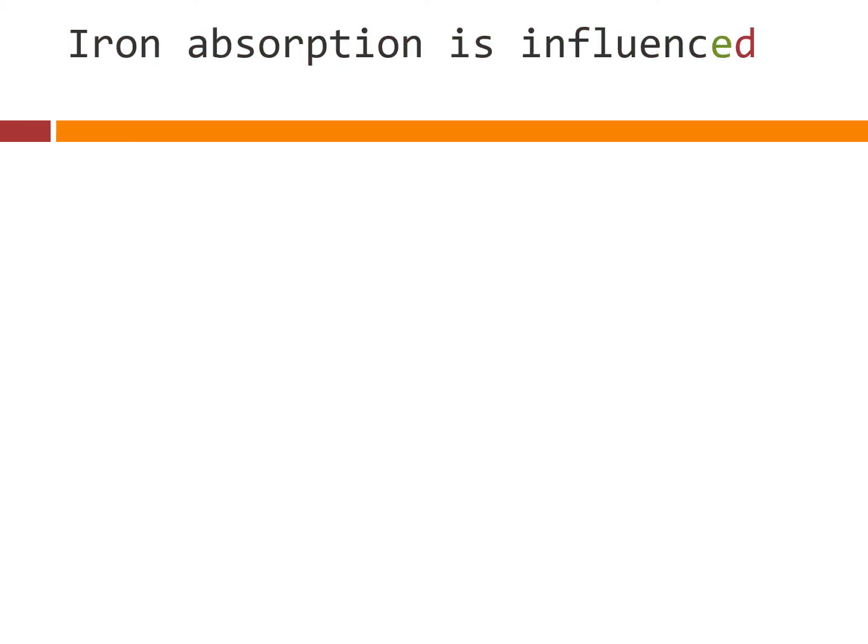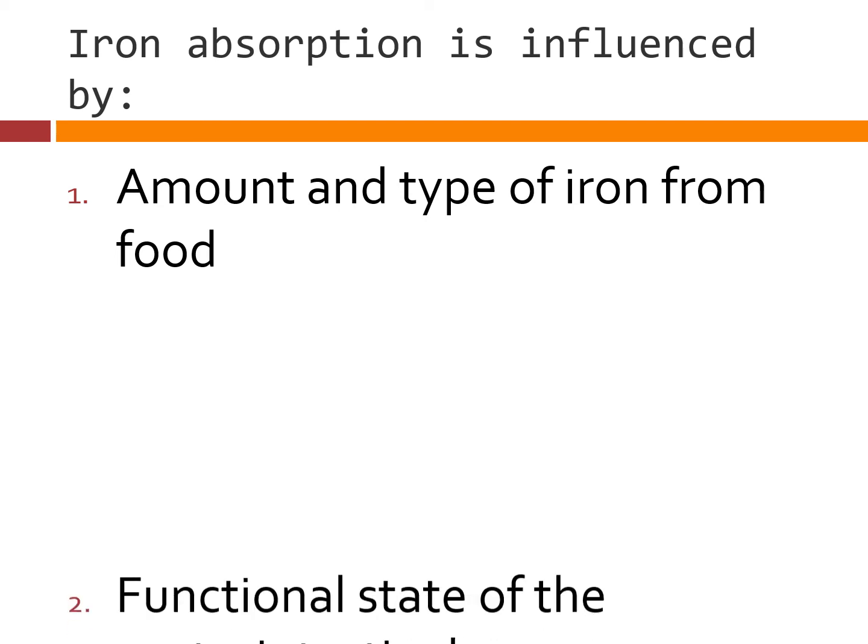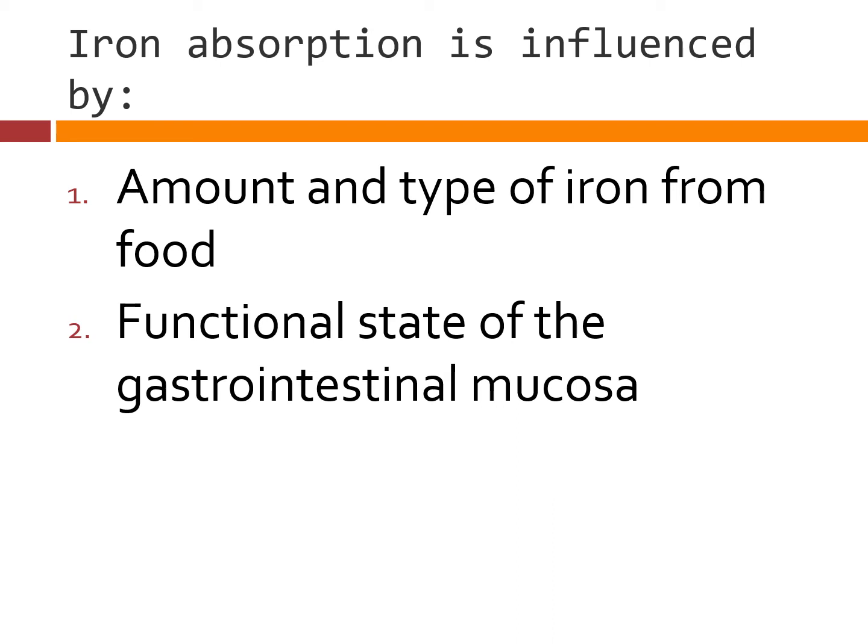So iron absorption and excretion. So what influences iron absorption? Number one, it is influenced by the amount and type of iron from food. Okay, the amount meaning the quantity of food intake that is rich with iron, or the type, whether heme iron or non-heme iron.